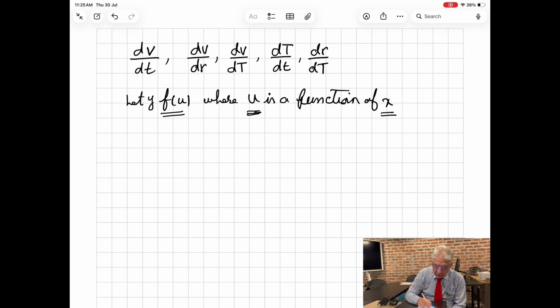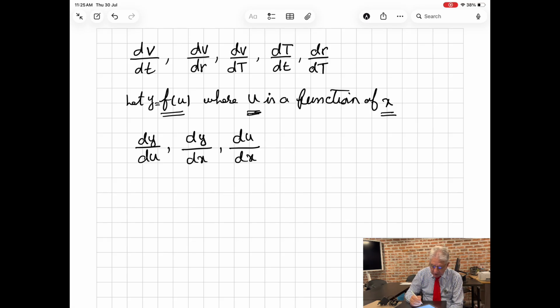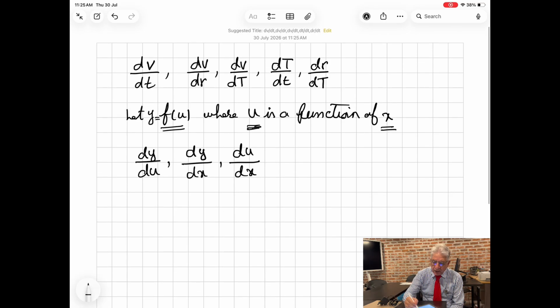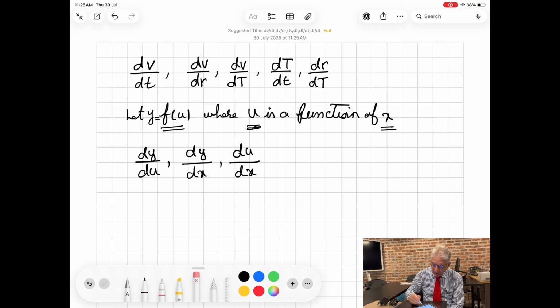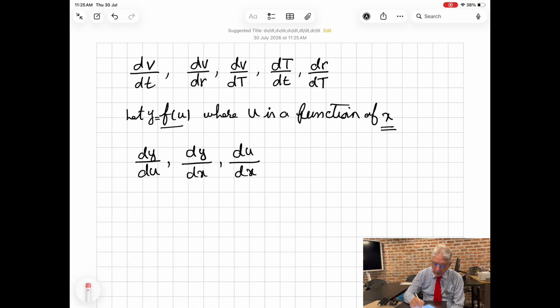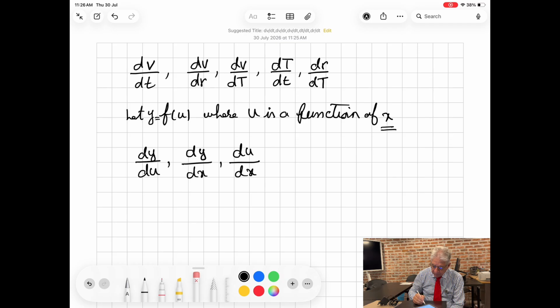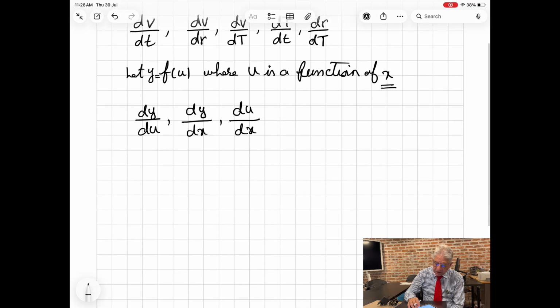I will call this y, so it will be easier to denote. There is a question, what is dy by du? Because if u changes, y will change. There will be a question, what is dy by dx? And then you may ask, what is du by dx? So there are different kind of questions which you can ask. So let us see what is the relation between this.